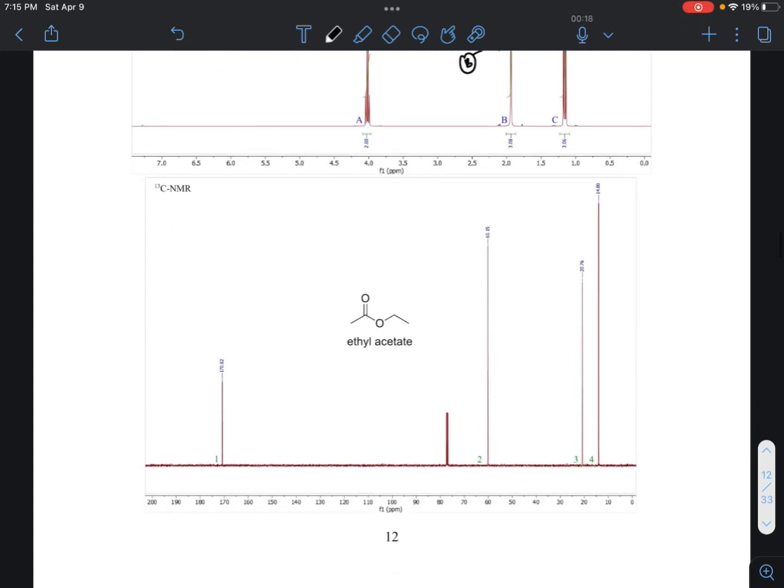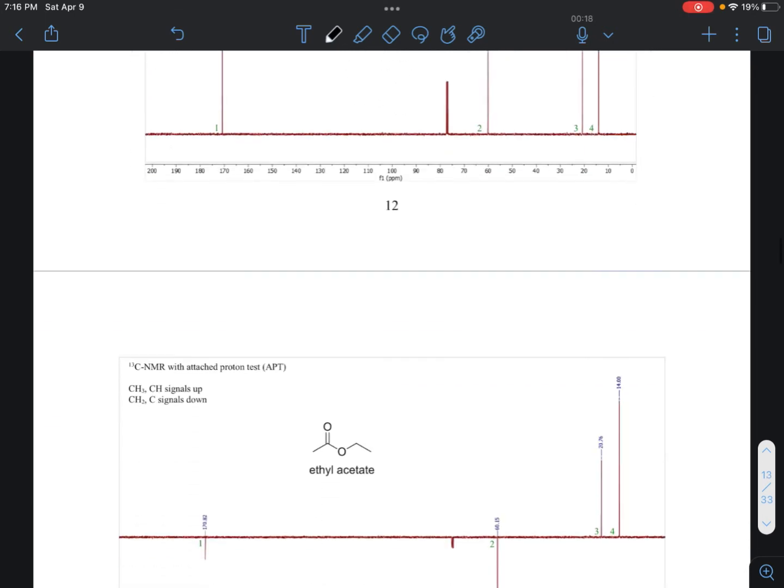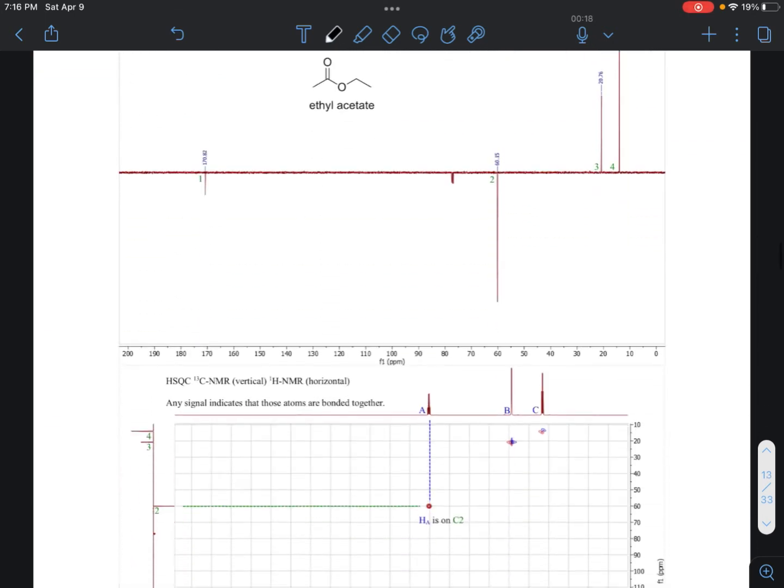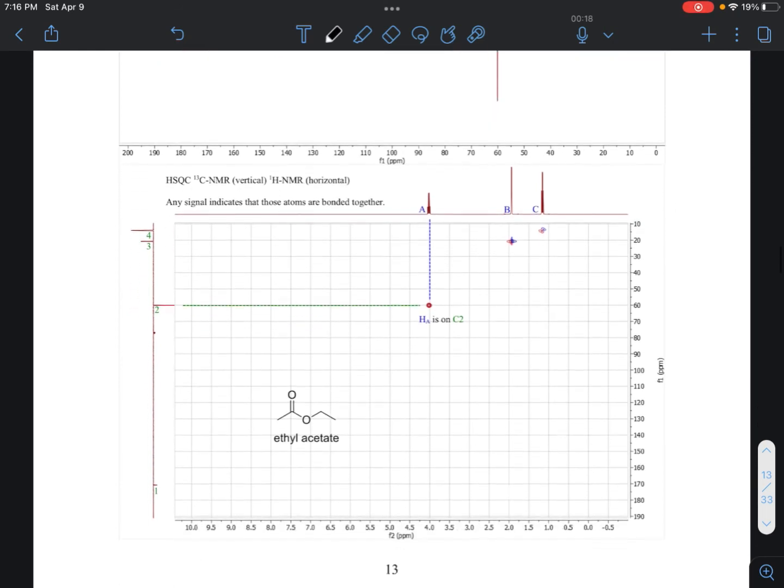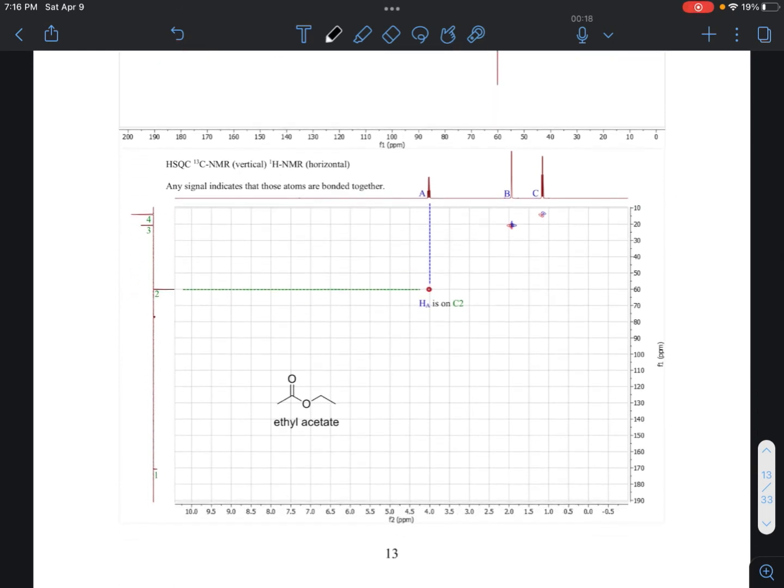Let's go look at the carbon NMR. Again, looking at carbon NMR, I think it's important for us to go look at the HSQC. The HSQC is basically a hydrogen and carbon correlation.